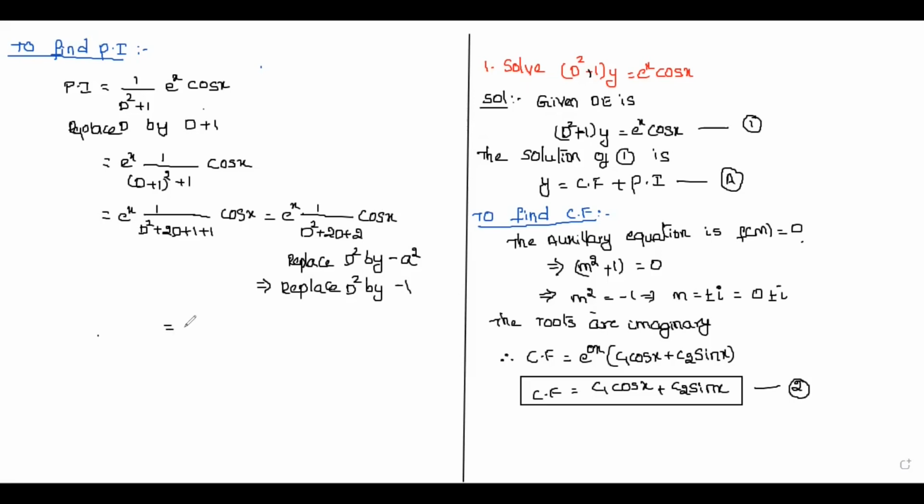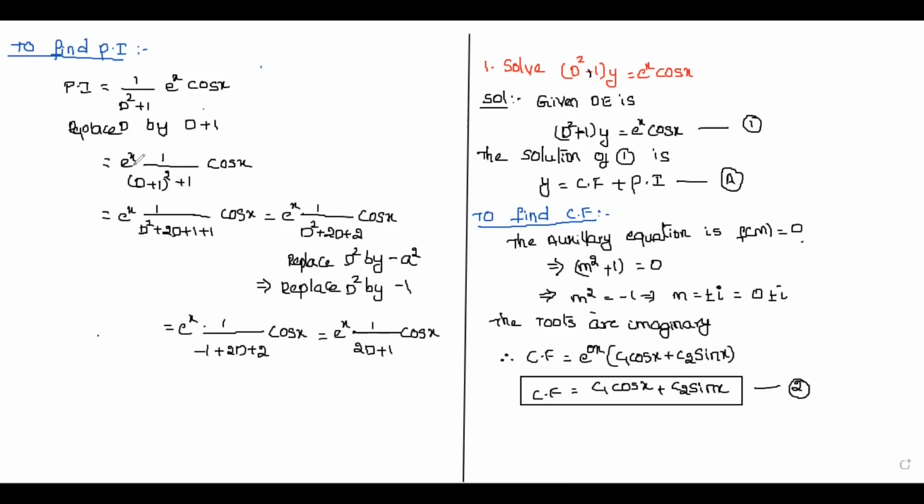So this is equal to e power x into 1 by minus 1 plus 2D plus 2 into cos x, which is e power x into 1 by 2D plus 1 into cos x. Now we are not bothered about our exponential function e power x, since this was done only by replacing D by D plus 1.